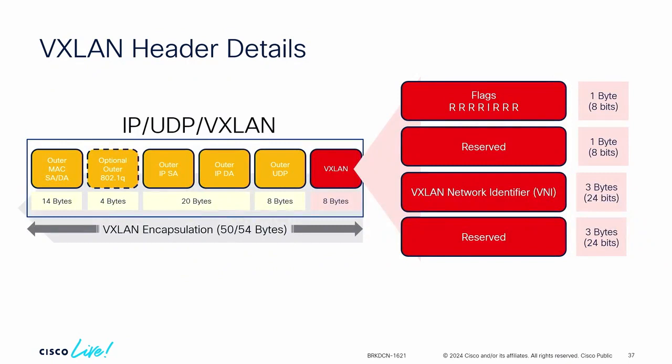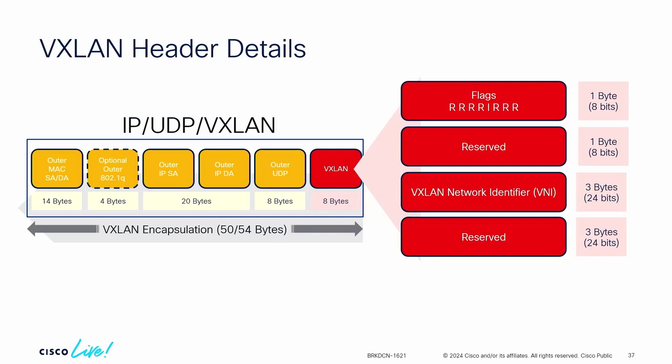Now, when we look at the VXLAN packet, let's look at the red box here, and that's the VXLAN header. Really, there's only two pieces of information that are significant for the VXLAN communication. If you look at the very top, if you read the standard, all these R's are zeros, and really, these are just ignored. The only significant bit is this I flag. What that I flag does is it tells the receiver that there's a valid VNI present.